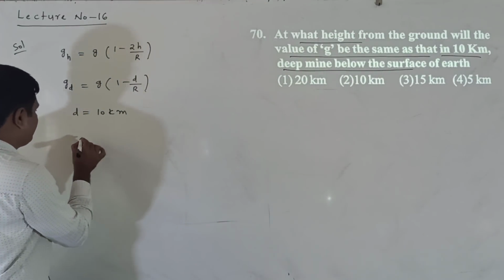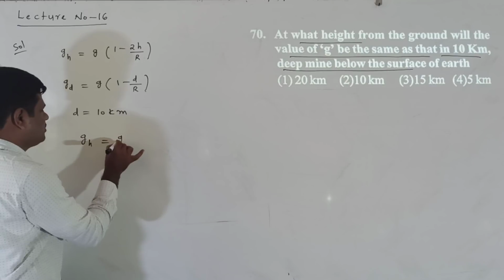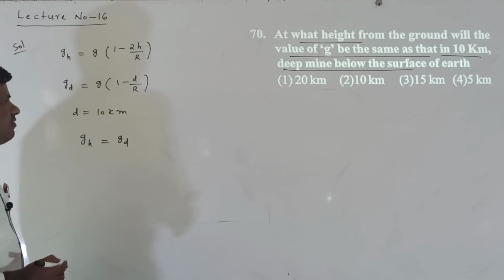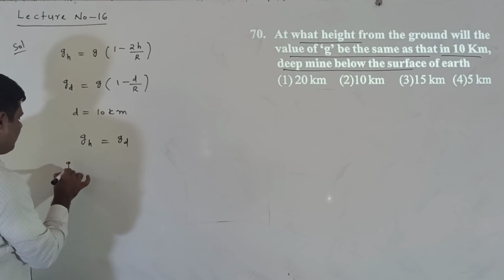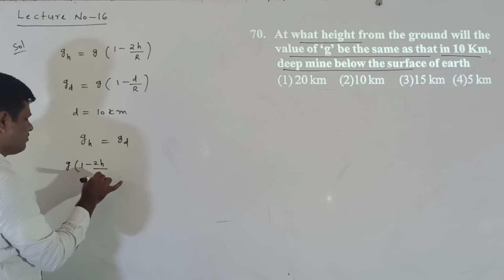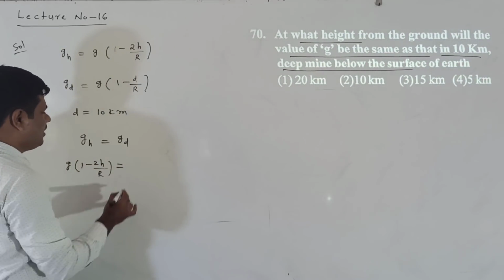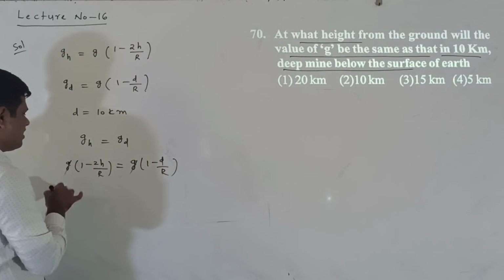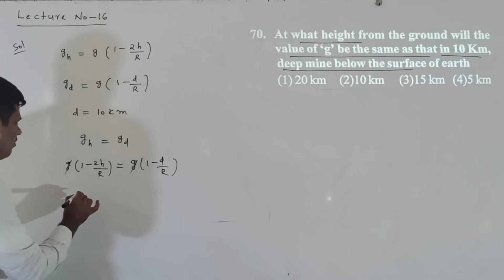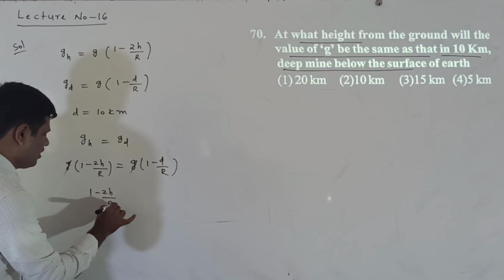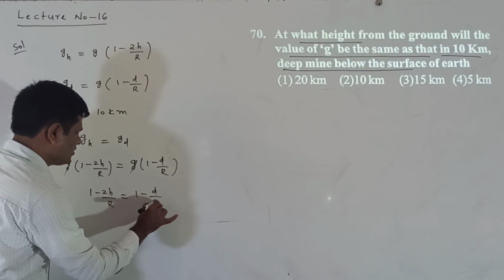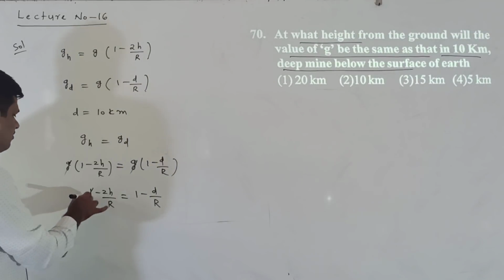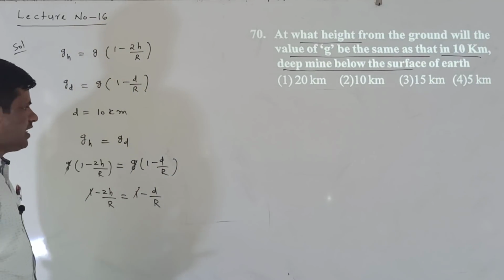According to the problem, g_h is equal to g_d. We know the formula: g into (1 minus 2h by R) is equal to g_d, which is g into (1 minus d by R). g gets cancelled. Now 1 minus 2h by R is equal to 1 minus d by R. Here 1 also cancels.